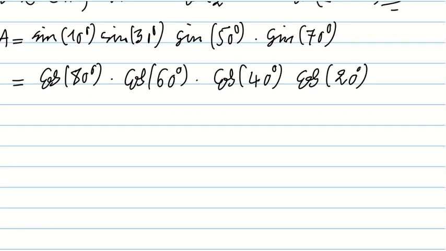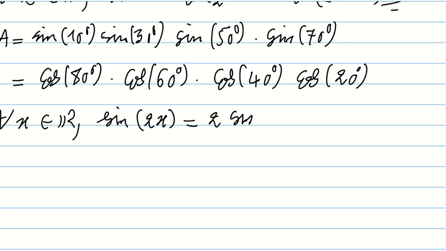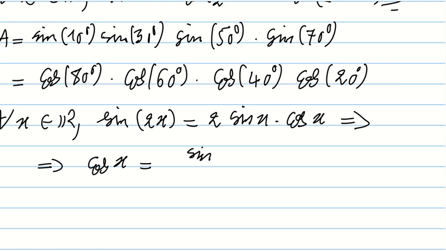On the other side, we know that for every real x, sine 2x is equal to 2 sine x multiplied by cosine x, which implies that cosine x is equal to sine 2x over 2 sine x.